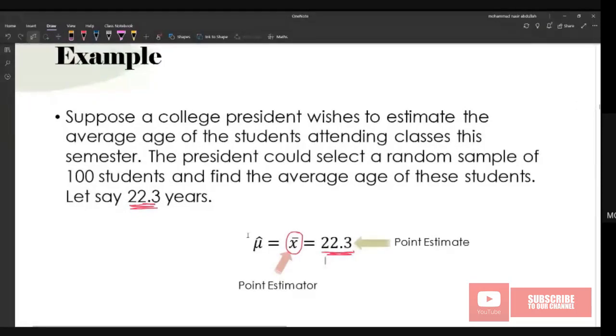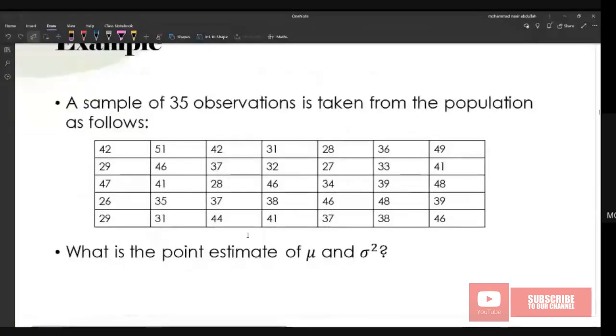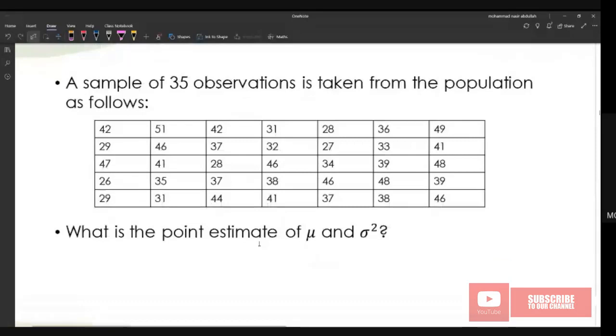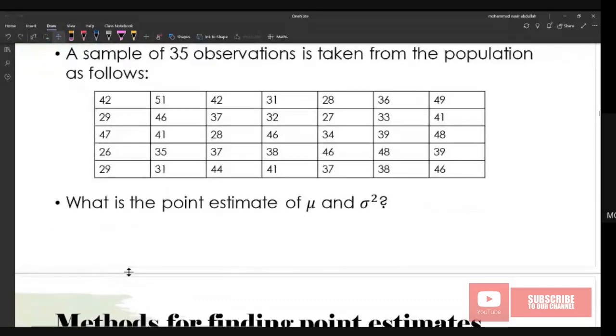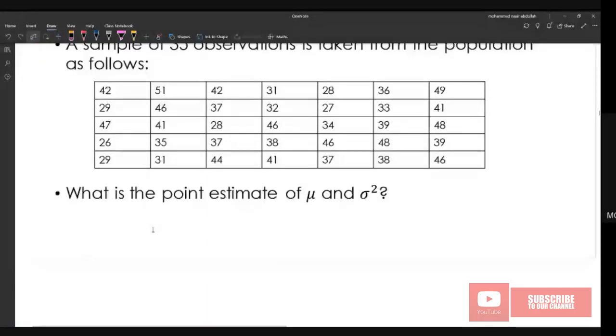Another example: a sample of 35 observations is taken from the population as follows. The question is, what is the point estimate for mu and sigma squared? Mu is the mean of the population, so mu hat is equal to x bar, equal to the summation of x divided by n.